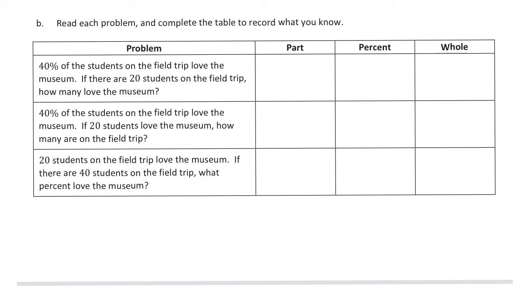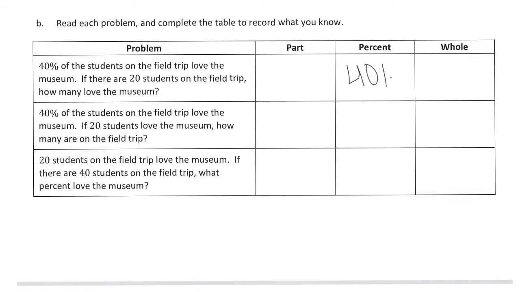40% of students on the field trip love the museum. If there are 40 students on the field trip, how many love the museum? Now the first thing I'm going to fill out in this chart is the percent, because we know that 40% of the students on the field trip love the museum. And so that one is pretty easy to fill out. Now in this problem, we are comparing the amount of students who love the museum and the amount of students who are on the field trip.